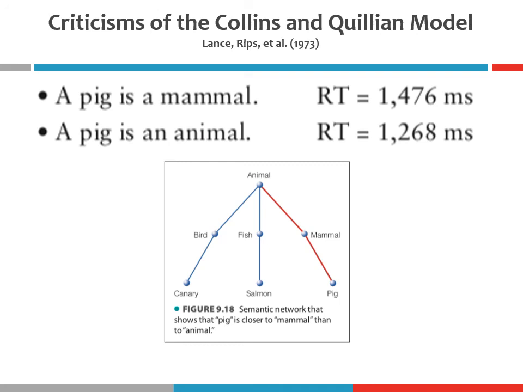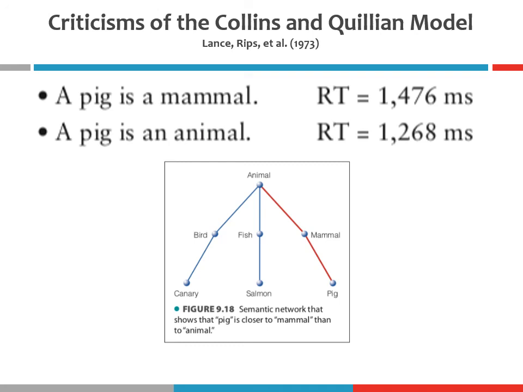Because going from pig to animal is a distance of about 2 nodes, whereas going from pig to mammal is a distance of only 1 node. So because we have to traverse more levels, the model would predict that we would be faster at saying a pig is a mammal than a pig is an animal. But it turns out the opposite is true.